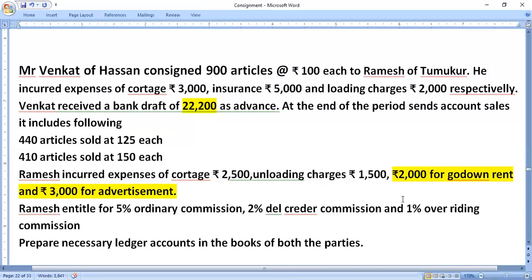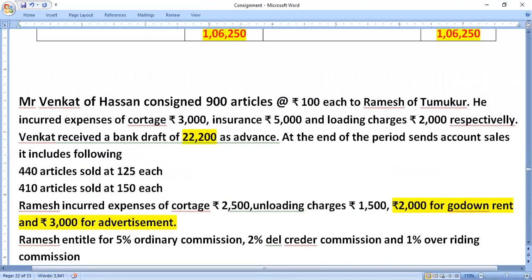While calculating the closing stock, we do not consider recurring expenses; we consider only non-recurring expenses.